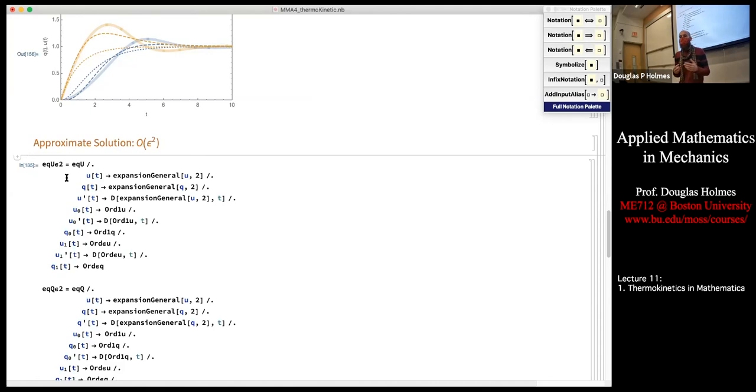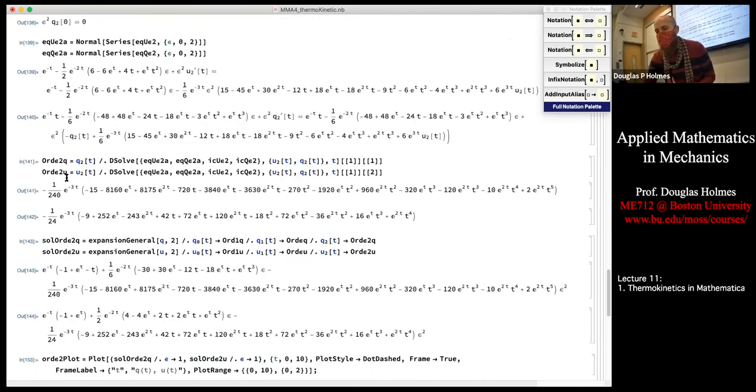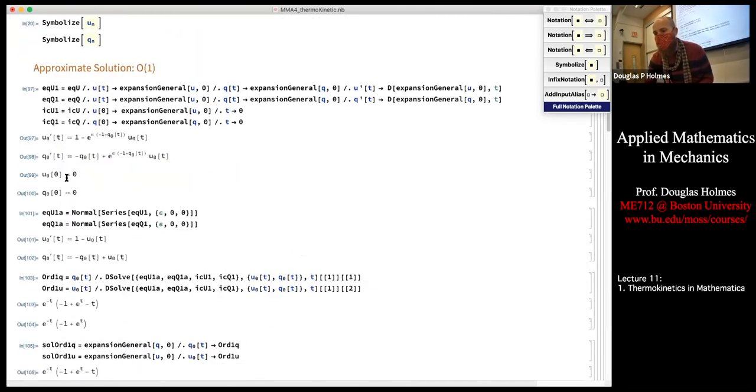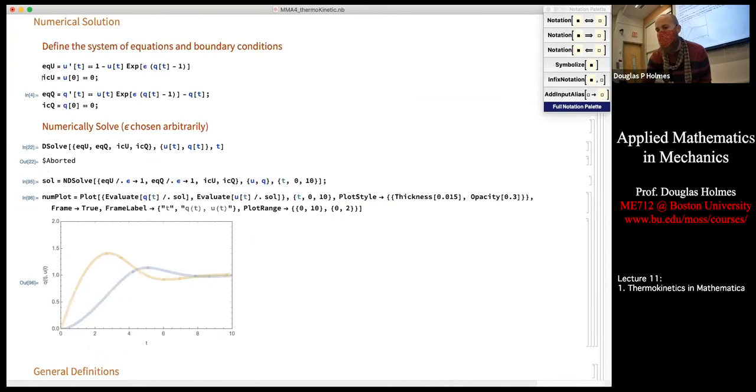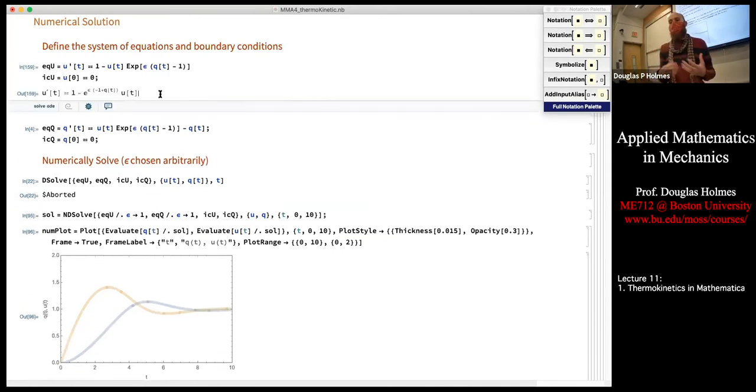Mathematica was designed for symbolic manipulation of mathematical expressions. So things like plotting and solving and even just inputting and outputting equations look like the types of equations you're going to encounter in your notes and in your book.